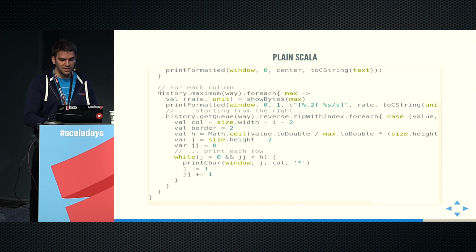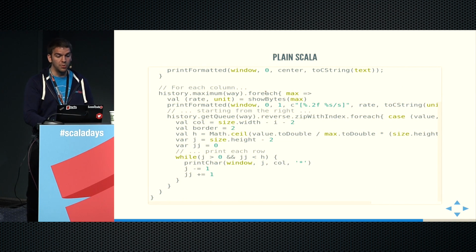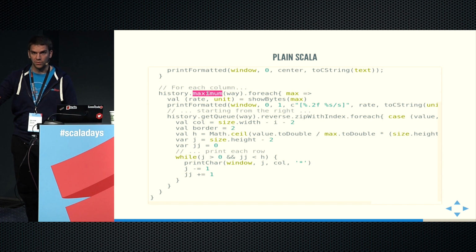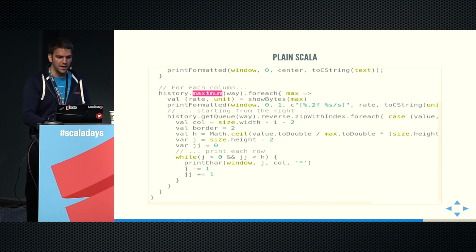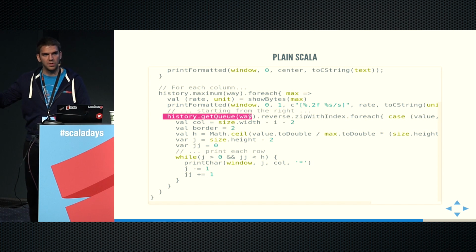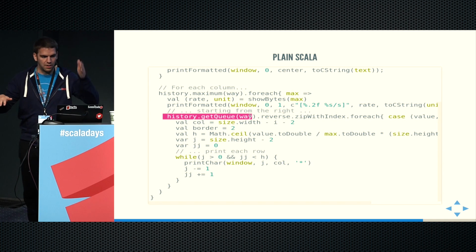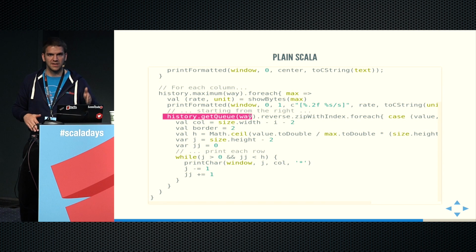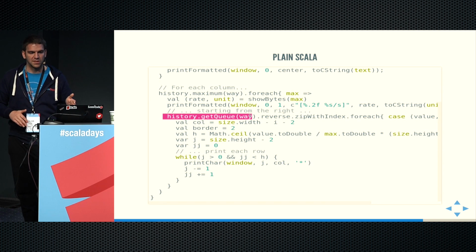And then we use the maximum to scale the graph, and then we use our history to show the bandwidth over time, all right? So on the horizontal we have the time axis, and on the Y, we have the bandwidth axis. So how many kilobytes per second.